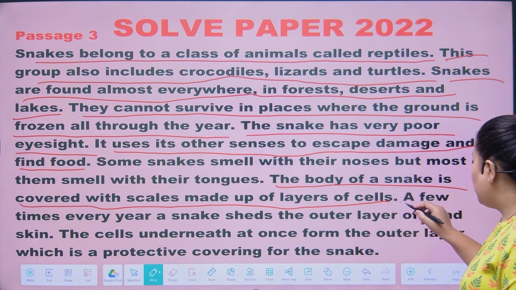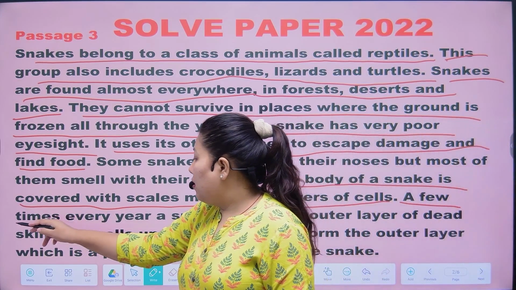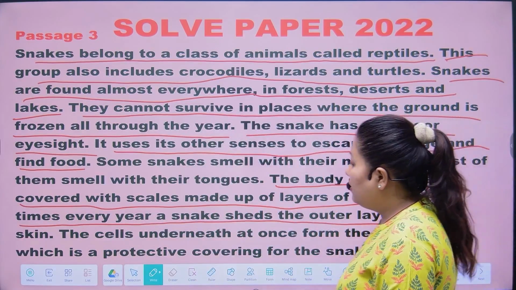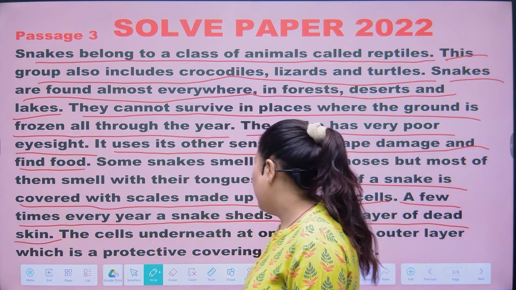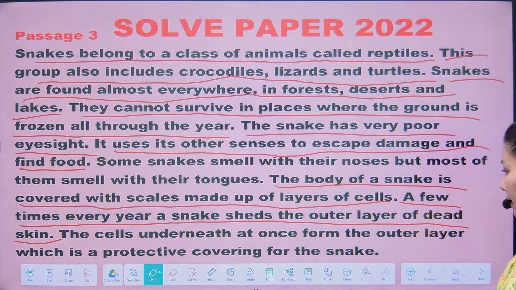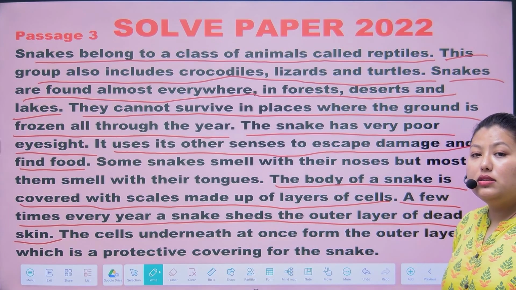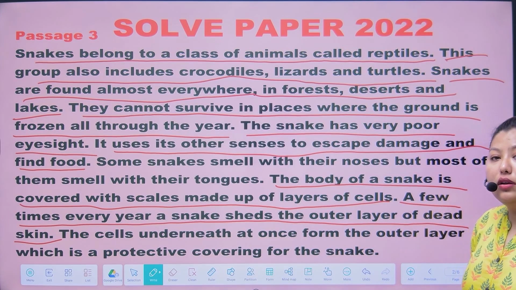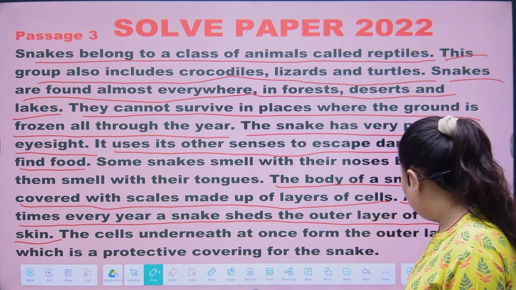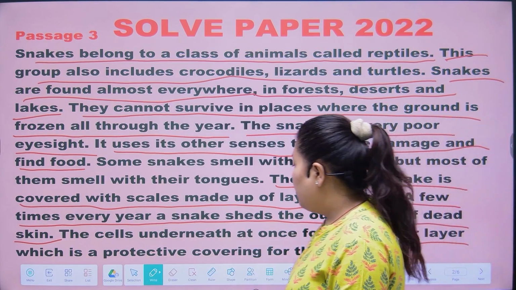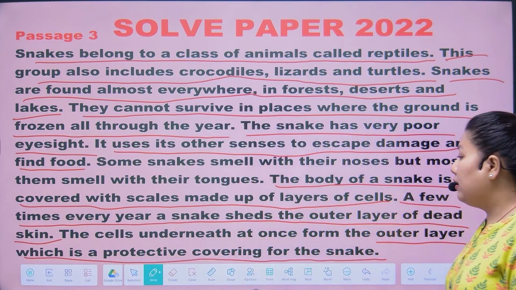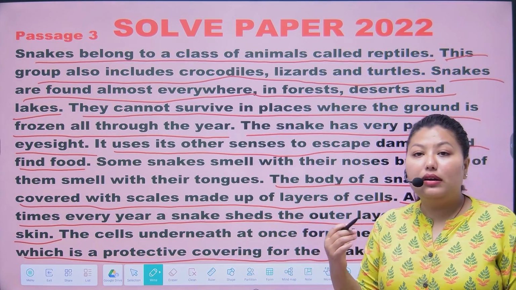The answer is, a few times every year a snake sheds the outer layer of dead skin. Next question: what is the work of the outer layer of a snake's skin? The outer layer is a protective covering for the snake. So the outer layer protects snakes from danger.